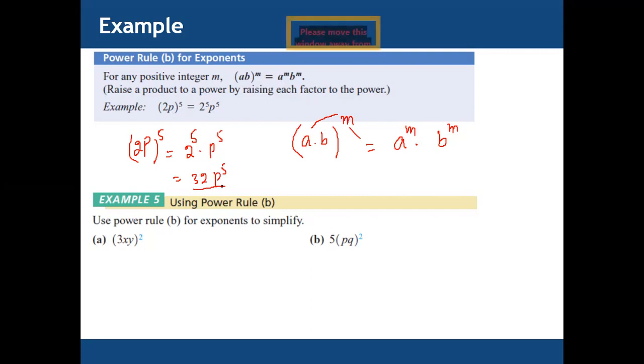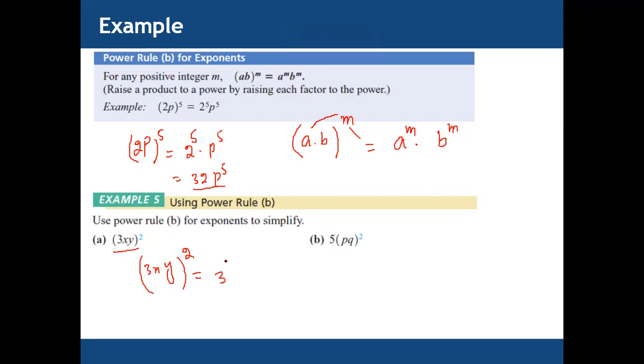Expanded rule, but this is a product. When two numbers are in a product having a common power, you can write separately. Like we have (3xy)^2. This means the square is for 3, the square is for x, and the square is for y.